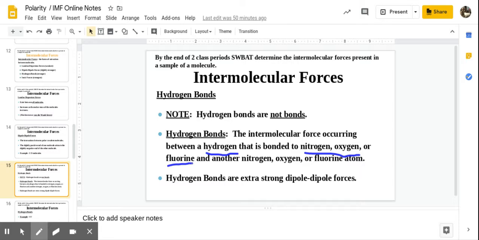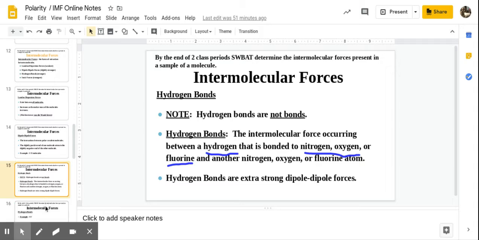So it's the same idea as dipole-dipole, where you have slightly positive and slightly negative. The difference is it's just a little bit more slightly positive and slightly negative. And I know that's hard to kind of picture, but it's going to be not quite full positive and full negative, but one step closer. And that's why hydrogen bonding is a little bit more than dipole-dipole itself.